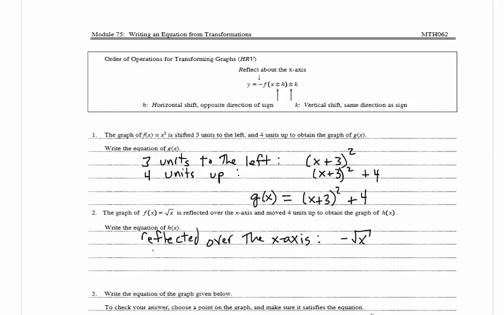And now we want to move 4 units up. And since we're moving up, we're going to have a positive 4. So we're going to have negative the square root of x plus 4. So our h of x is equal to negative the square root of x plus 4.